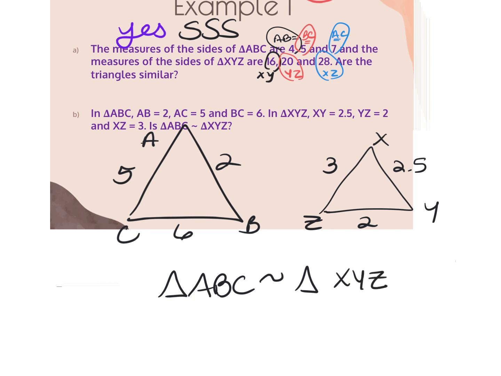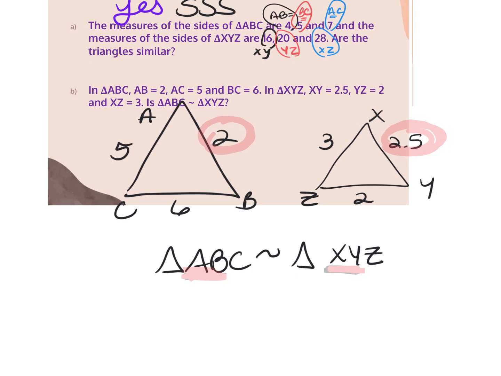So we got to check this. So I can see what matches. I could also use the big with the little, but here AB, and I need to try to match it with XY. So AB is 2, XY is 2.5. So if I go ahead and do 2.5 over 2.